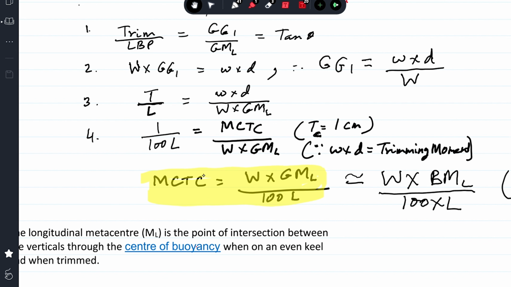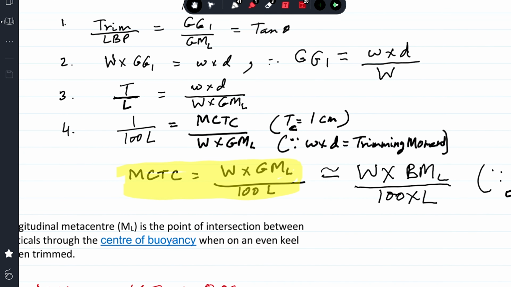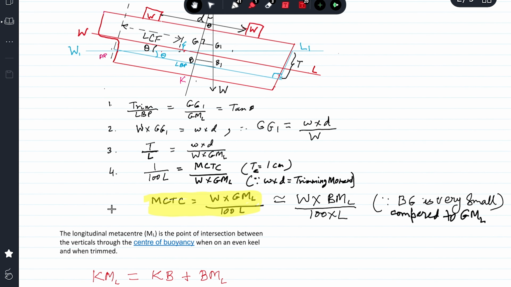So in place of T, I have put 1 centimeter, so I put 1 by 100, and in place of W into d, which was the trimming moment, I put MCTC because MCTC is the moment required to change trim by 1 centimeter, and GML stays like that. So this formula rewritten becomes in this manner. So MCTC we found is W into GML upon 100L.